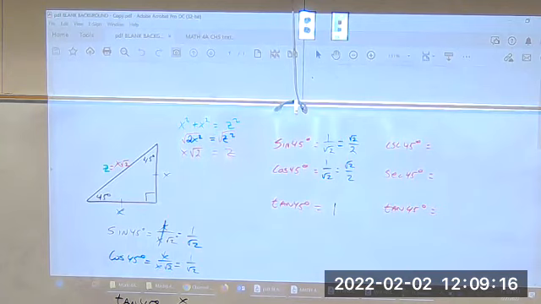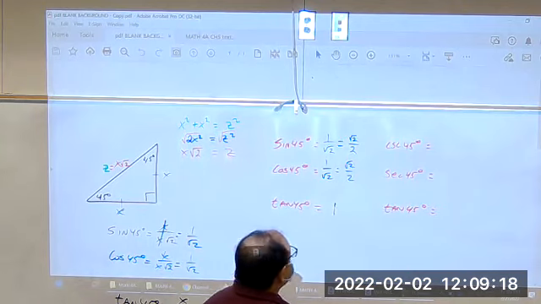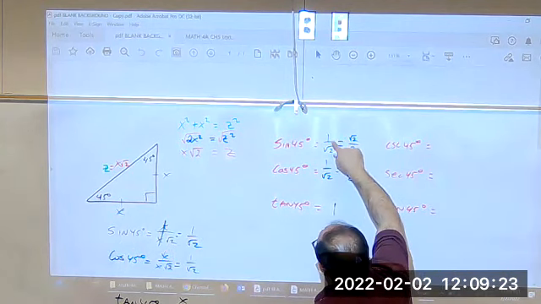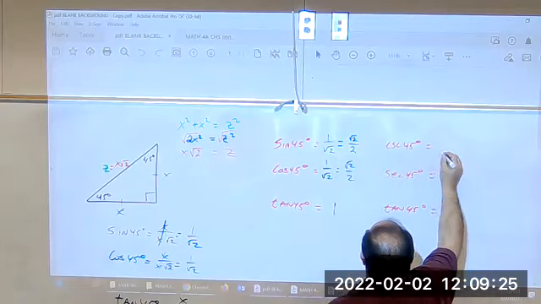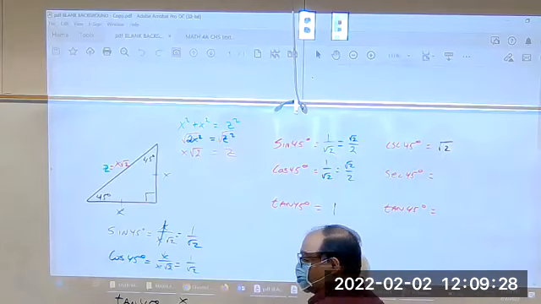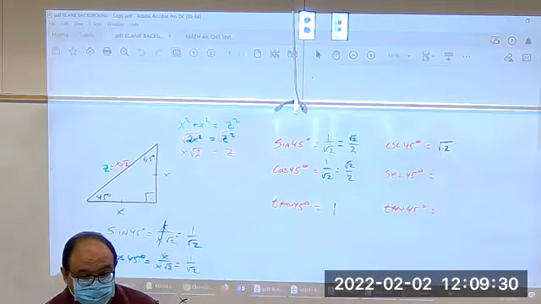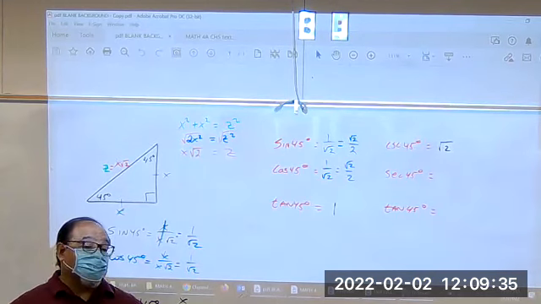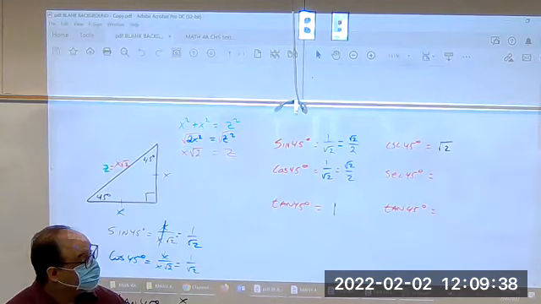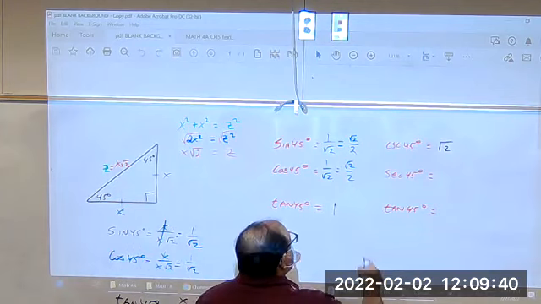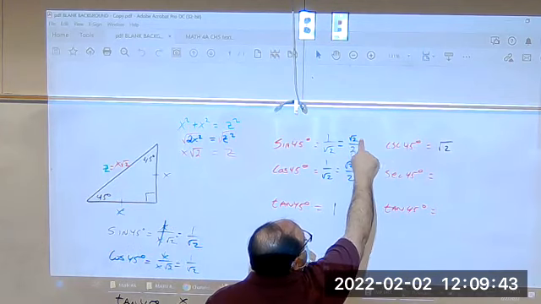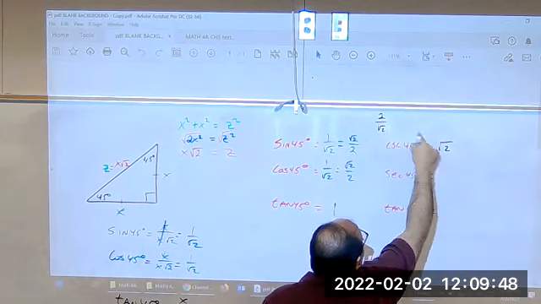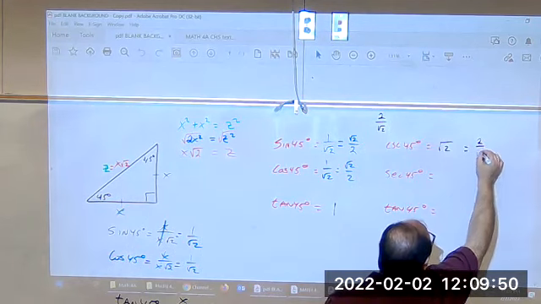So those are the always answers for the 45, 45, 90 special triangle. Sine, cosine, tangent. And therefore, you're going to know the reciprocals. Now, for the reciprocal, look how nicer it is to flip over this answer. 1 over square root 2 flipped is just square root 2. That's the cosecant of 45. Again, if you put square root 2 over 1, that's not simplified. If you flip over square root 2 over 2, well, that works, 2 over square root 2.